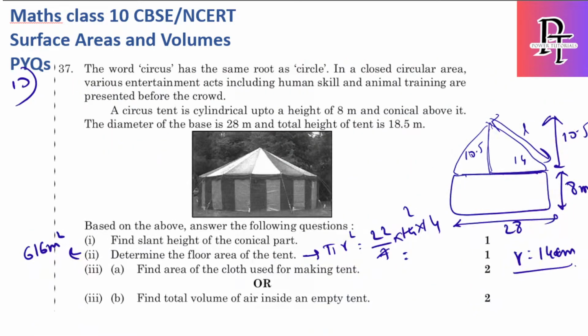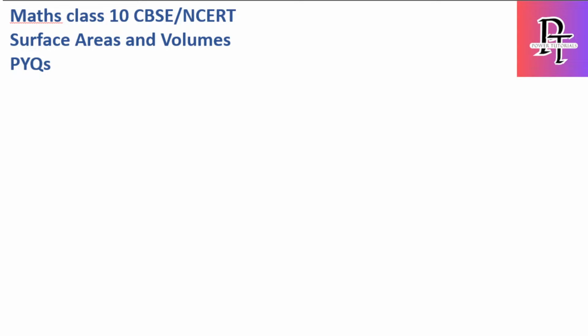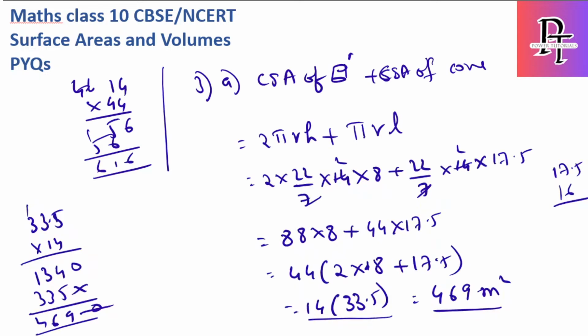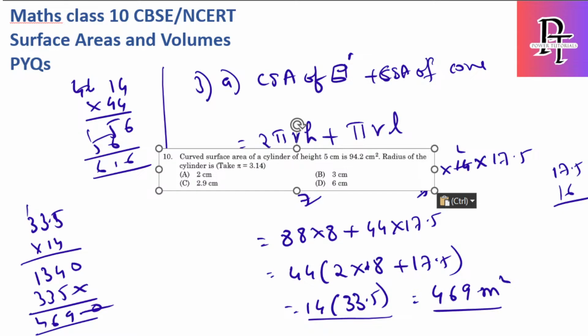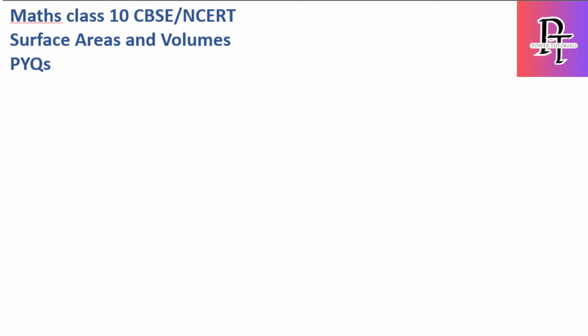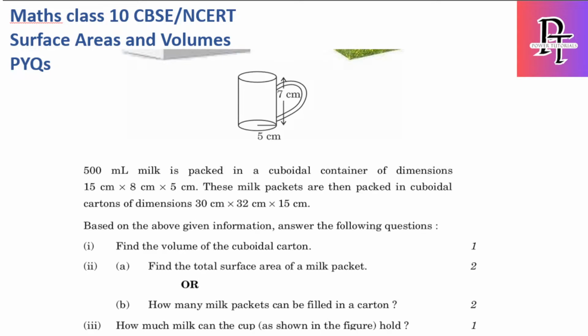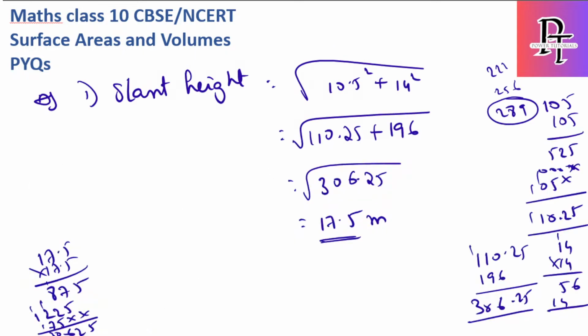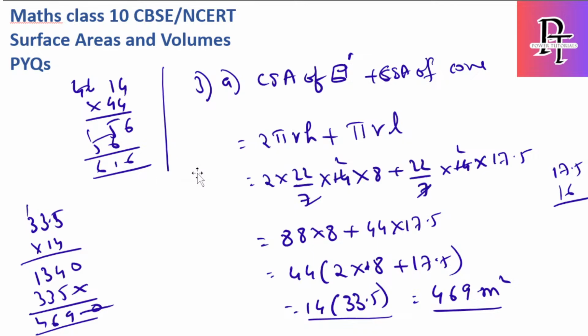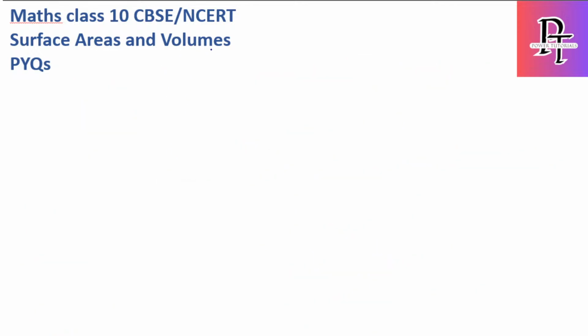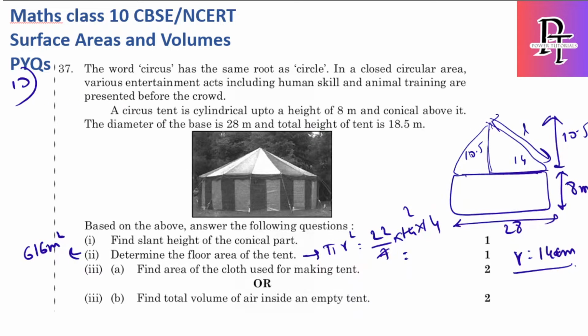So second, what is the other one? They are asking for the total volume of the air inside the tent. So we simply need to find the volume of the tent. Volume will be volume of cylinder plus cone.